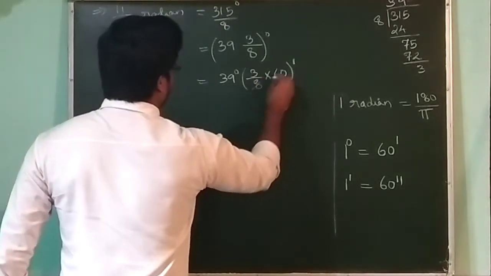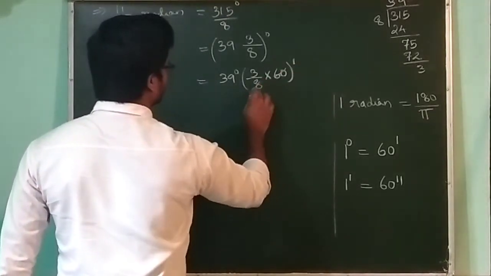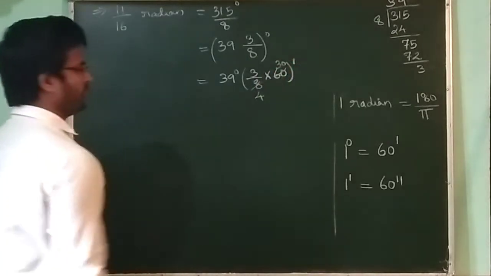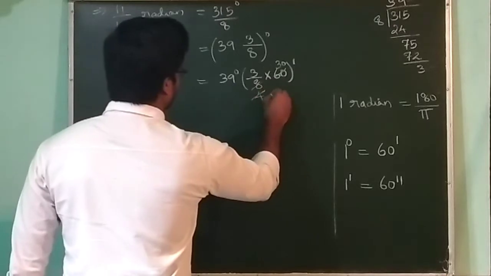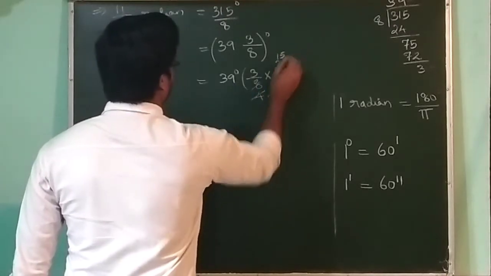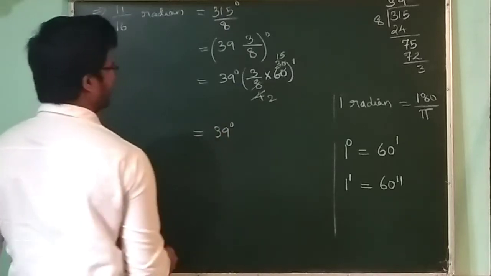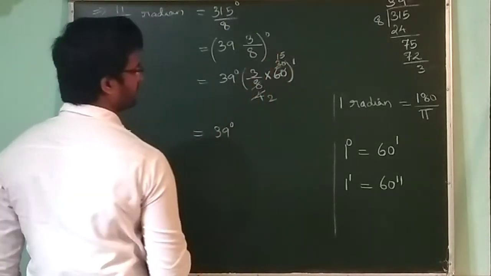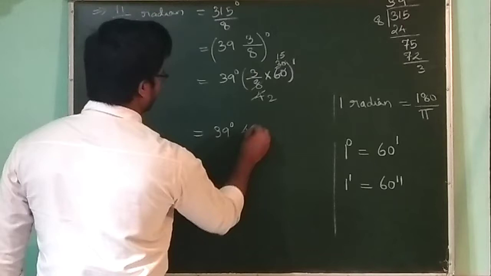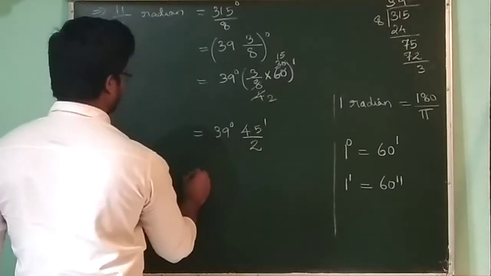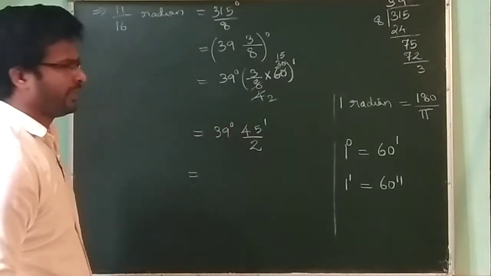We can cancel this 2. 4, 30. Using by 2 again, we get 2, 15. 39 degree. 3 into 15, what do you get? 45. Divided by 2, minute. Then 45 divided by 2.